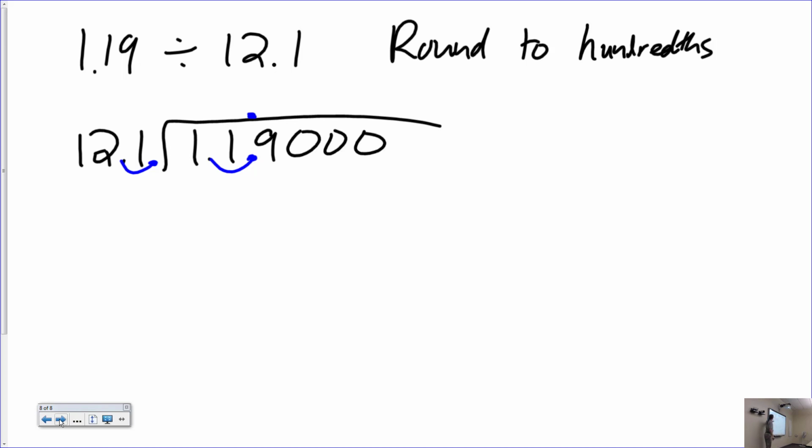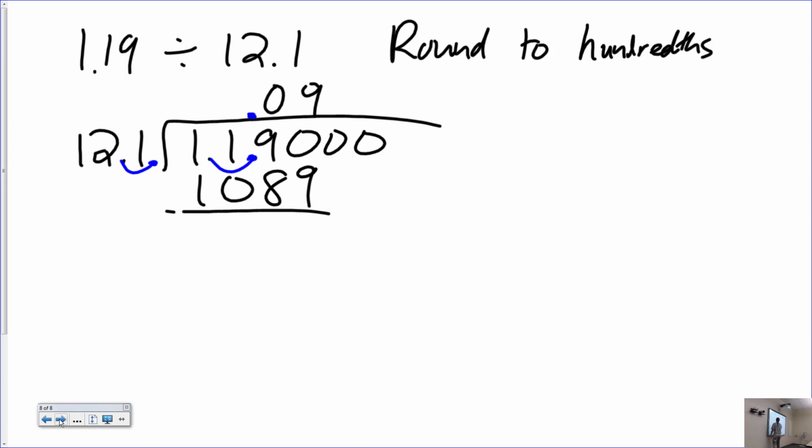How many times does 121 go into 119? 0. It does not. The first number is a 0 in the tenths place, right? How many times does 121 go into 1,190? 9. Good guess that it's 9. 9, 18, carry your 1, 10. If you've got to write 121 times 9 off to the side, that's fine. Do it. All right? If you can do it in your head, that's great.